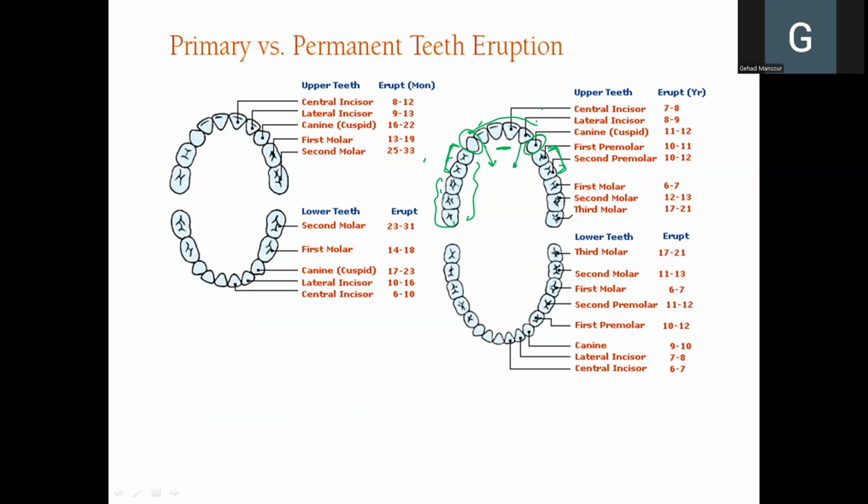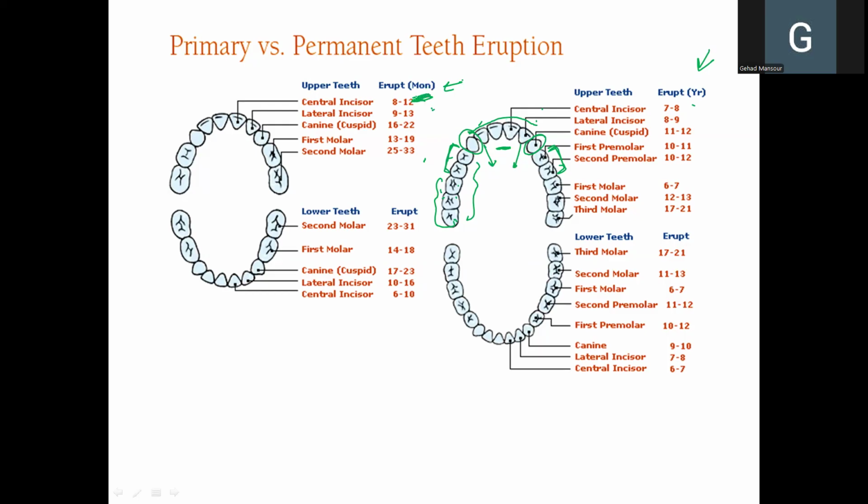The first molar, the second molar, the third molar, and of course you can go over the age at which each of the permanent teeth is erupted, appears, or the age at which the milk teeth are erupted.